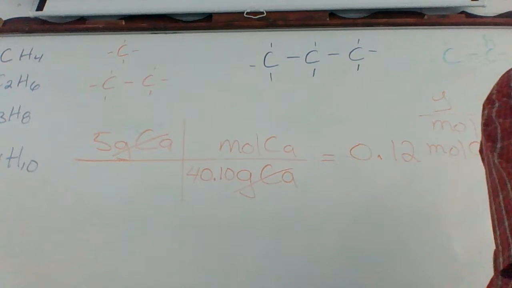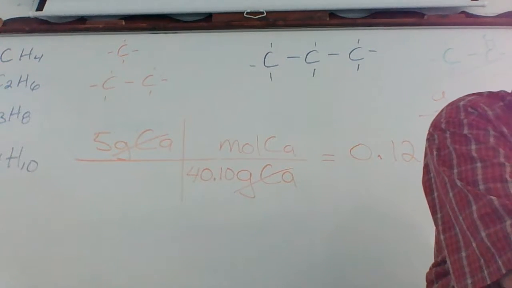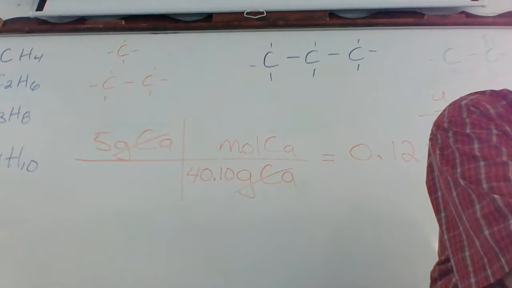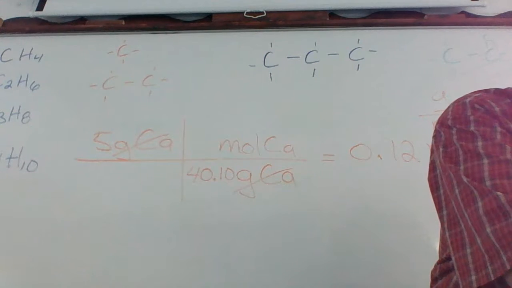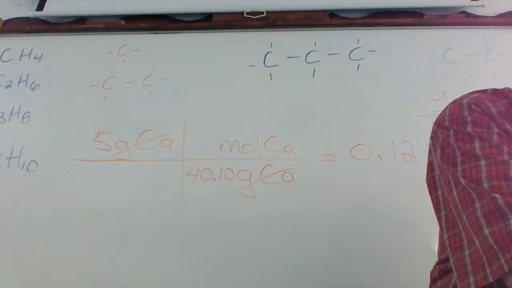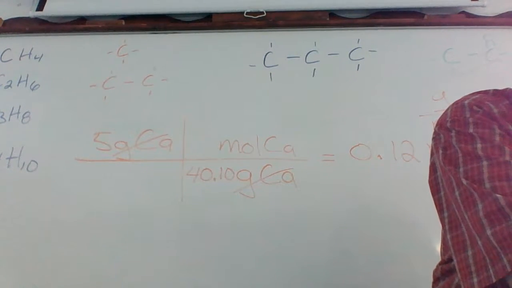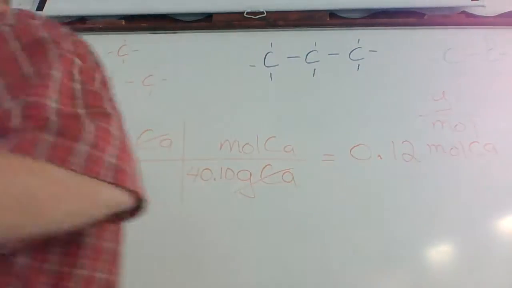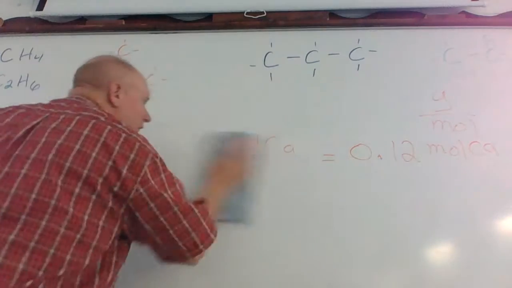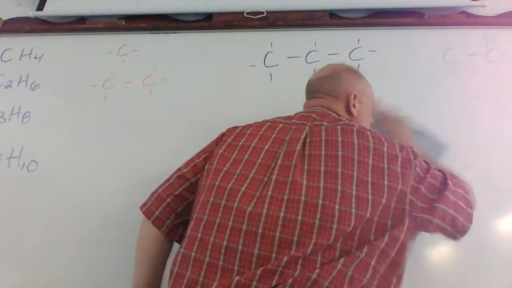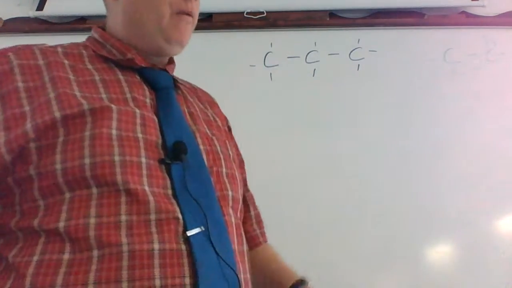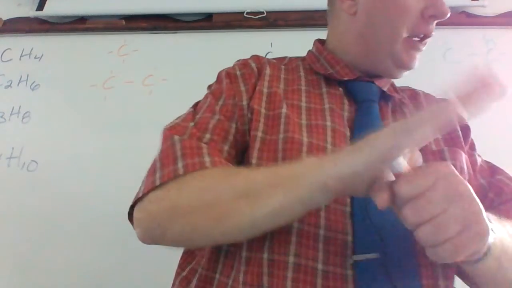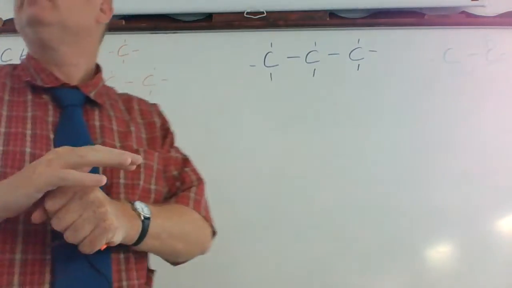All right. Number 2 says, how many moles of gold are in 3.60 times 10 to the negative 5th grams of gold? Okay, so go ahead and erase this here. We only have one number to start with, and that is what?